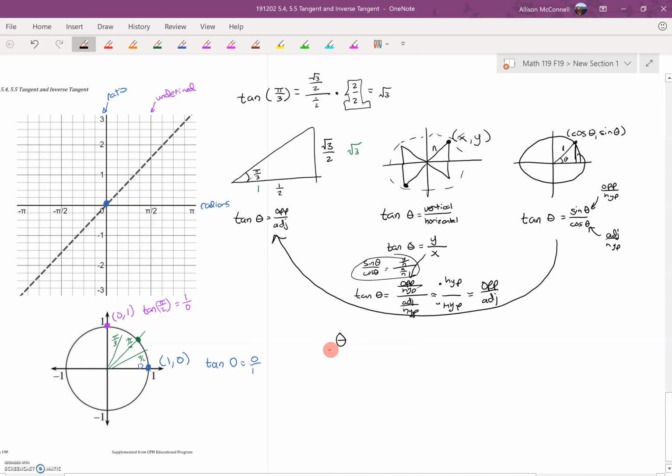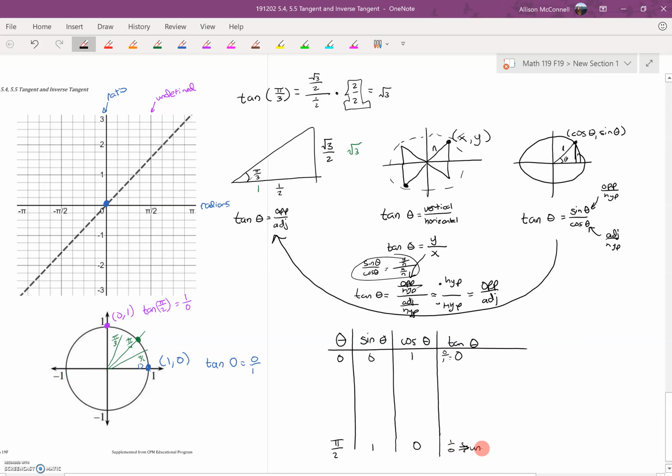If we're thinking about an angle of rotation, we need the sine of that angle, the cosine of that angle, and then the tangent of that angle. This is a great way to organize your work. So you identify here that you have your 0, 1, and your tangent is just 0 over 1, which equals 0. And then at pi over 2, we knew that was 1, 0, which gave us 1 over 0, which was undefined.